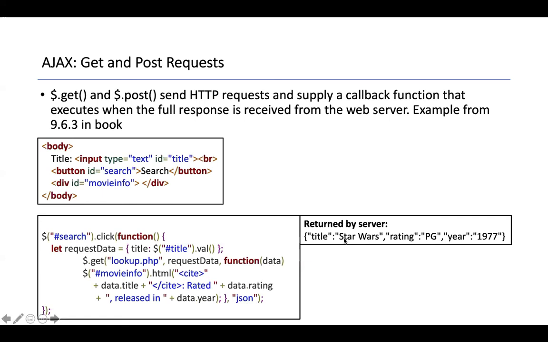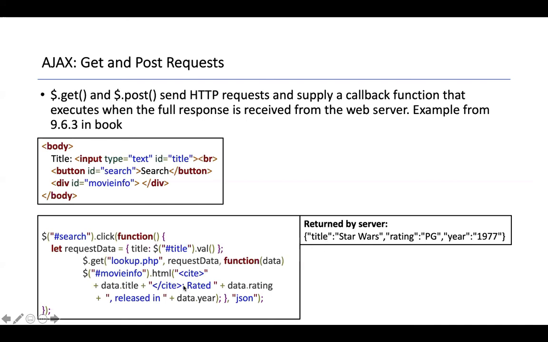If you treated it as JSON, it should come back as a dictionary. And in this case, what was returned by the server was title, rating, and year. And you can see that I find this movie info, and I am setting its HTML to a tag where I cite this title right here.